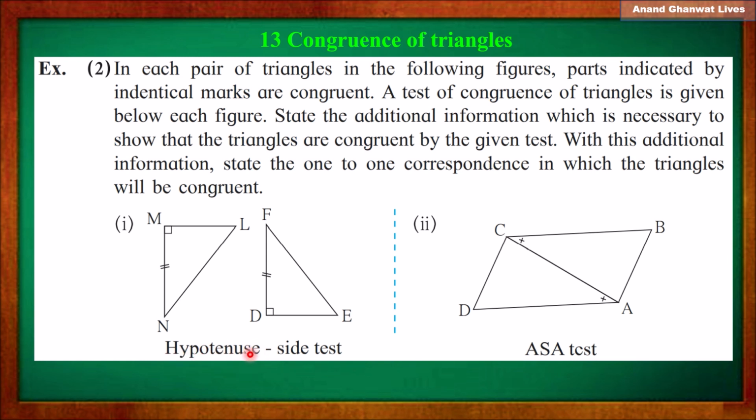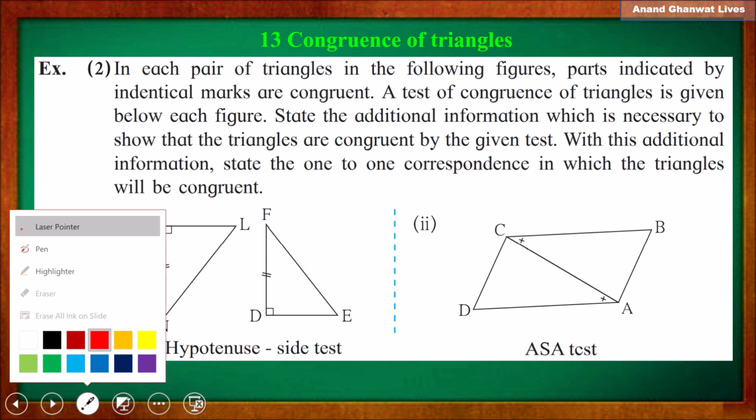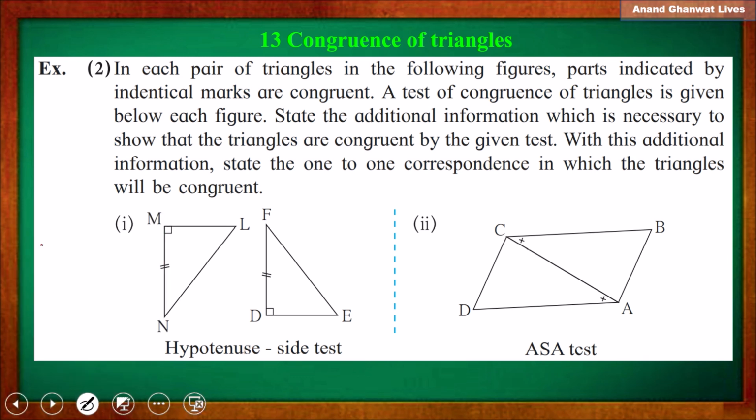So another additional condition will be about the hypotenuse. The additional condition is that segment NL, the hypotenuse of the first triangle, is congruent with segment EF.